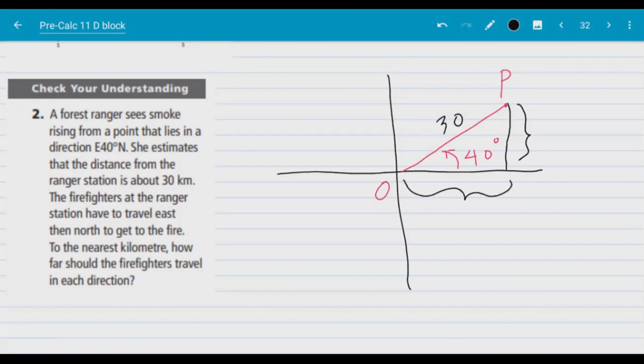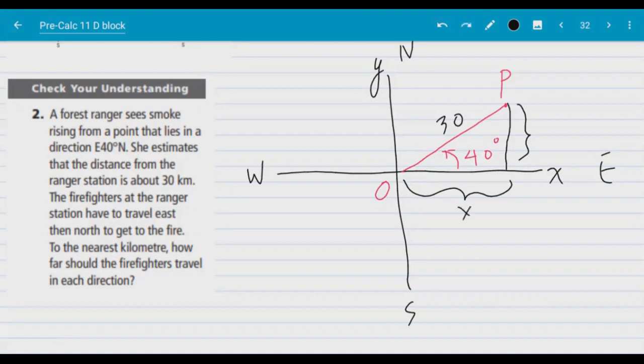In this case, since this is your x and there's your y, remember, this is east, this is north, this is west, this is south. So to figure out how far they have to go to the east, we need to think about this x value.